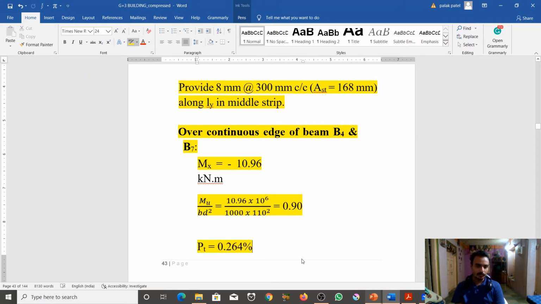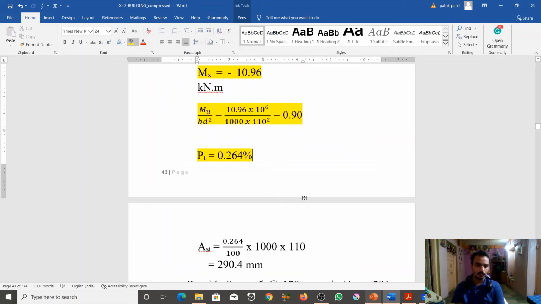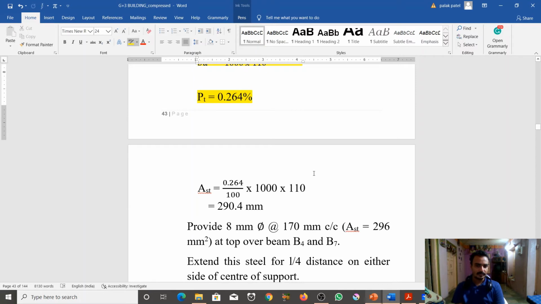So by the Mu upon bd square we can find pt, 0.264 percentage. Ast is 0.264 divided by 100 into 1000 into 110.